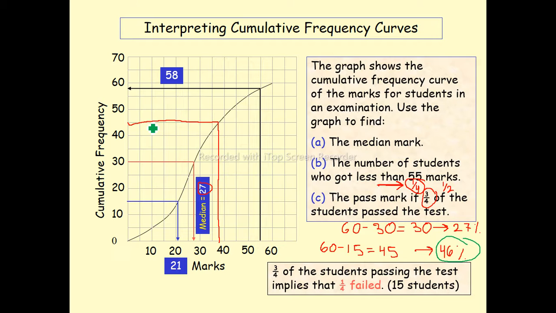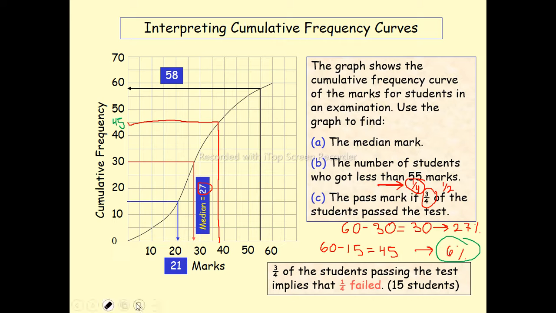All you need to do is understand that this is telling us that 45 students got less than 30, or less than 40. Why is it 46? No one corrected me. That's 36.